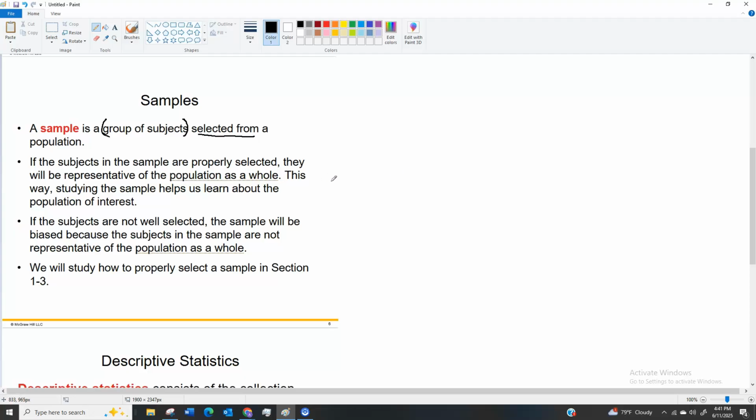Let's make our population a little bit smaller. Let's say your population is the students, teachers, and staff at a high school.